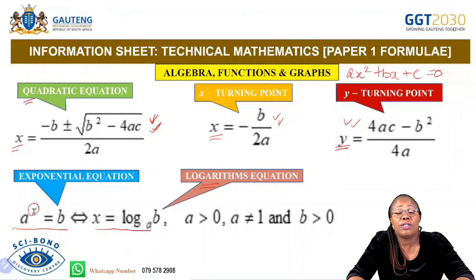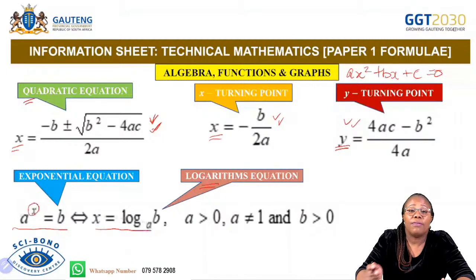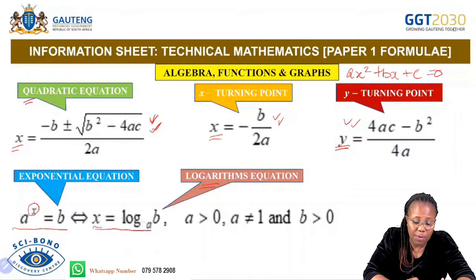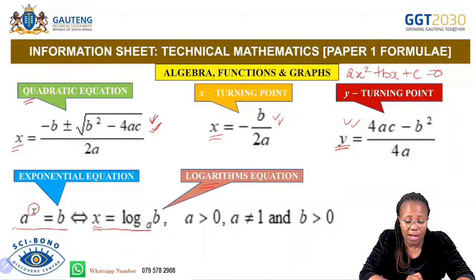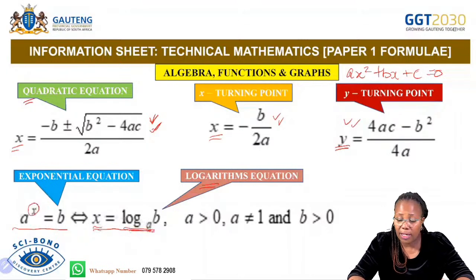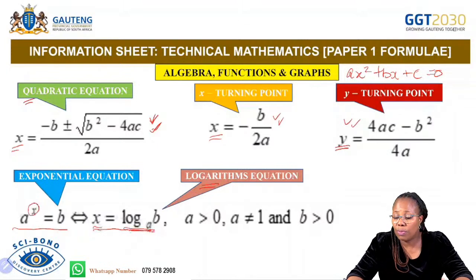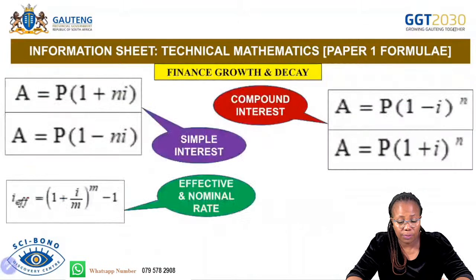If you are changing exponential to logs, you involve the log, and the equation changes to a logarithm equation. If you make x the subject of the formula, you end up with x equals log b base a, on condition that a must be greater than 0, a must not be 1, and b must also be greater than 0.